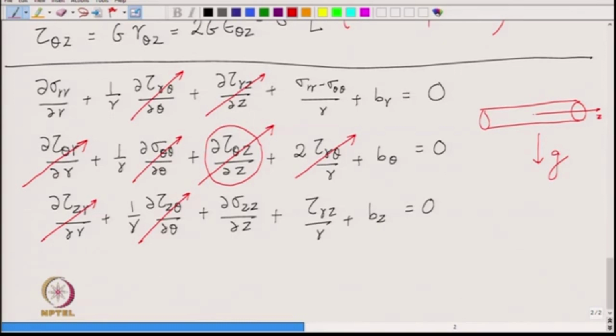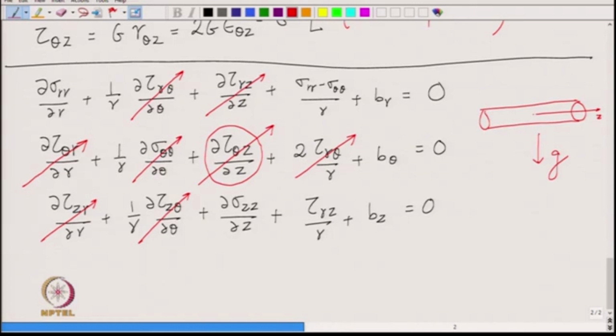So, for different theta we will have different B r and B theta. So, we will have to resolve this g along E r and E theta. So, we will get perhaps B r as rho g sin theta and B theta as rho g cos theta.